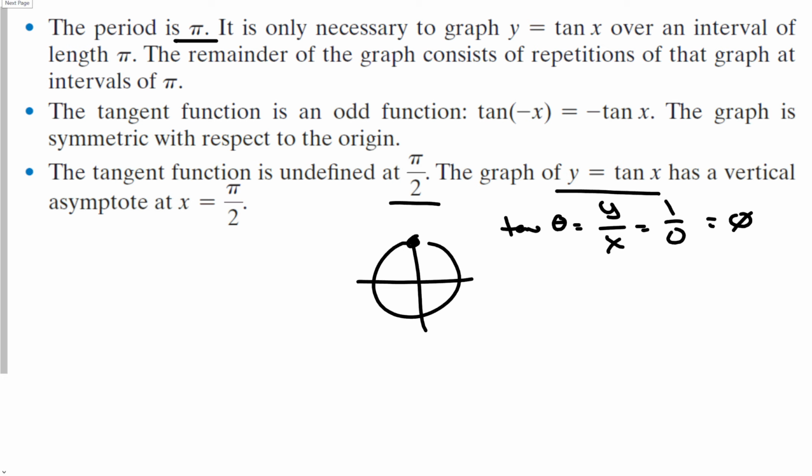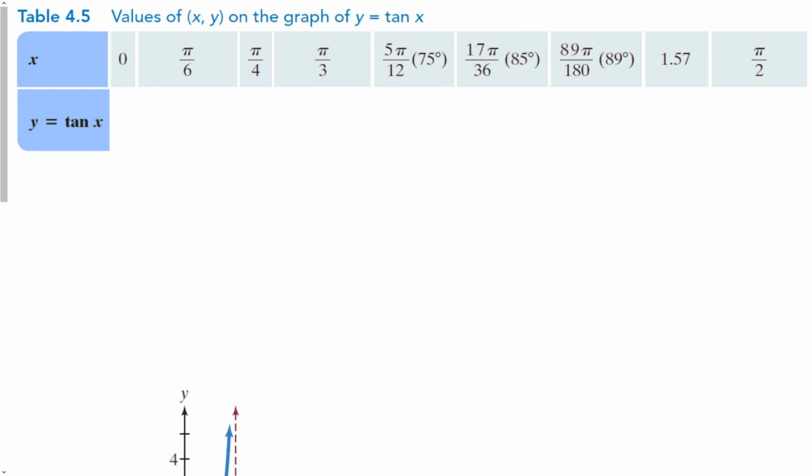Now, when we graph this, it's important to remember what's happening with the tangent of different numbers. So again, here's my circle, right? This point, y over x, the tangent of 0, you should know that is 0.